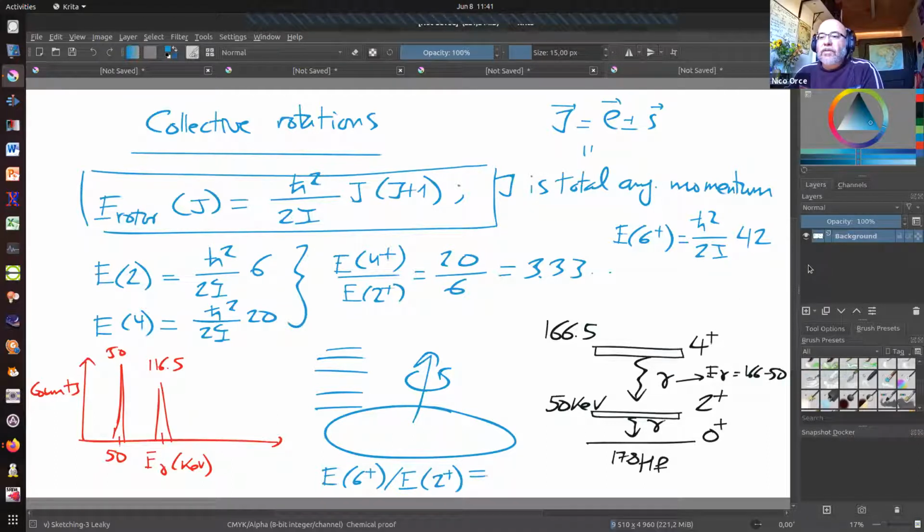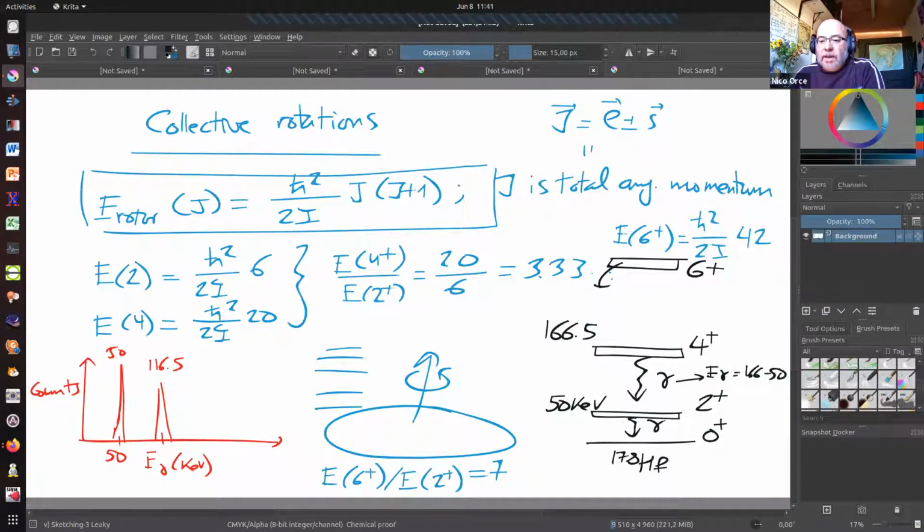So that will be 42 divided by 6, right? 42 divided by 6 will be equal to 7, right? So basically, this 6 plus here will come up there at an energy which will be 7 times 50.